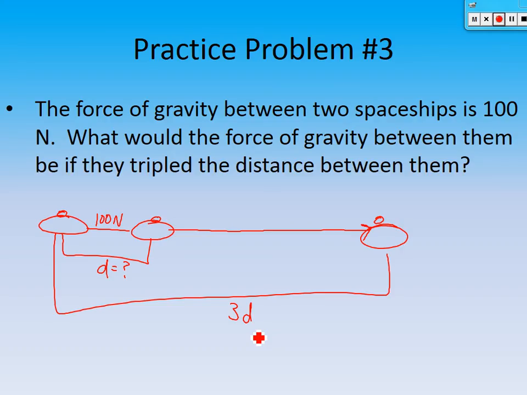All right, now we know that force of gravity follows the inverse square law. So let's write the inverse square law down. What are you going to substitute in for D here?